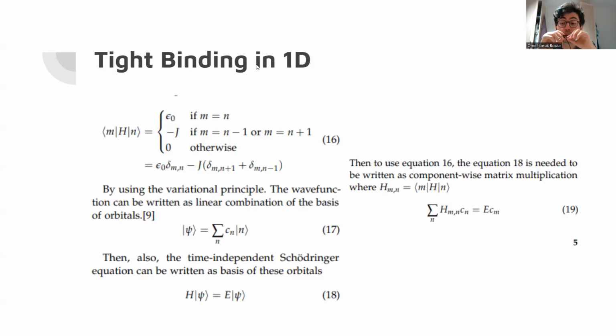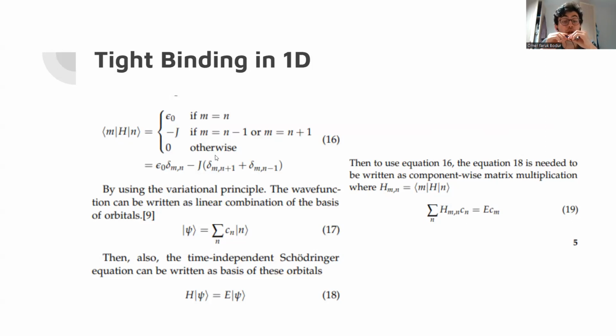In the tight binding model, we have a few assumptions, which are that the atoms have one orbital, and we only consider the hopping to the nearby energy sites. And we have a Kronecker delta function. When we construct H_nm, we get the following result.